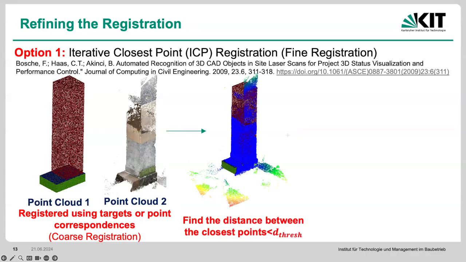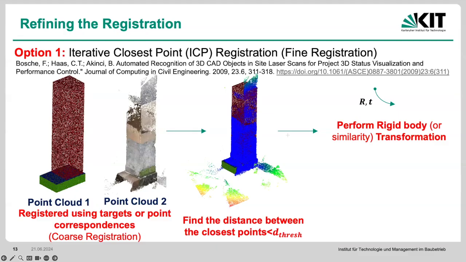From this, we have to find the distance, so they are already close together, right? We are not assuming that they're way far away, and I'll give you an example of why that is extremely important. If this distance threshold, which we showed the other day, is 5 centimeters, it wasn't that good. If it's 12 centimeters, better. Once we do that, we find all of the points that are closer than this distance threshold.